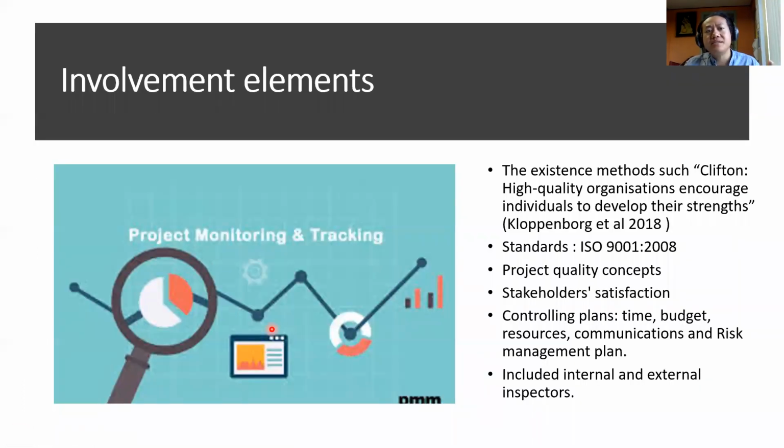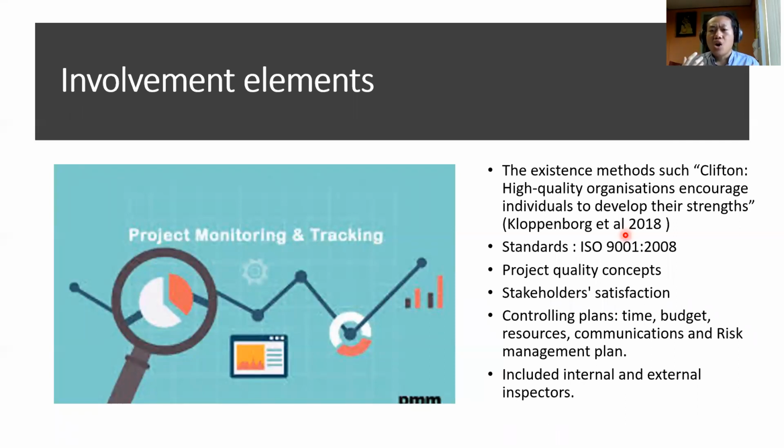Here, this is the involvement element. So as you know, there are plenty of standards and strategies to use in monitoring and controlling, but I found this really interesting from Copenhagen 2018: a high quality organization encourages individuals to develop their strengths.